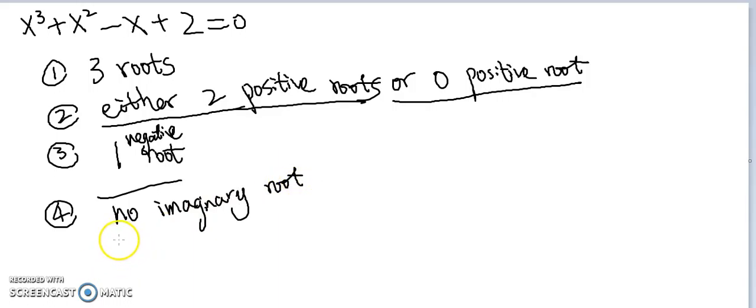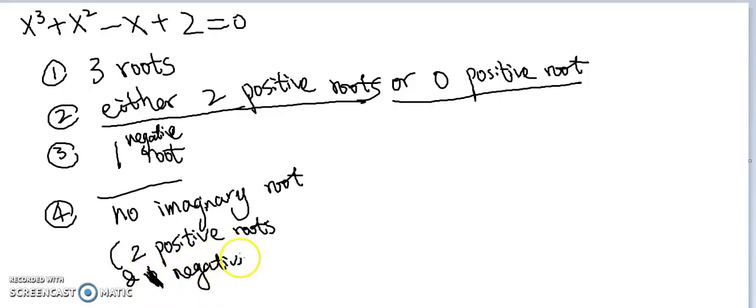You don't have to specify that, but I can write down why here for you. If the equation has 2 positive roots and 1 negative root, because we have altogether 3 roots, and we only have 3 roots, 2 positive, 1 negative, then you will not have any imaginary root.